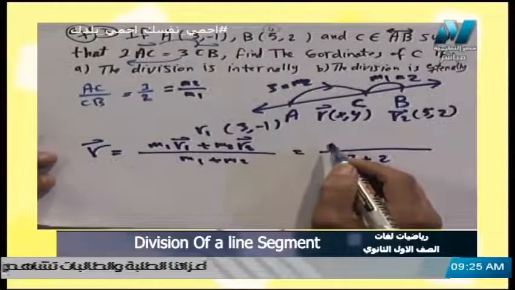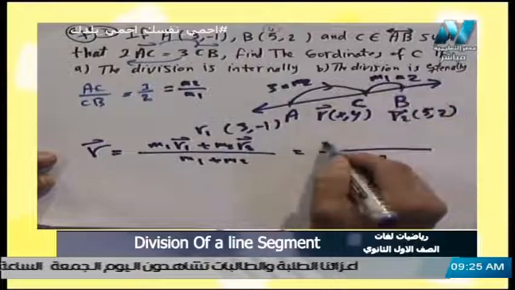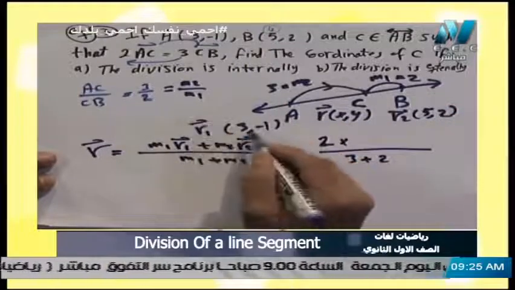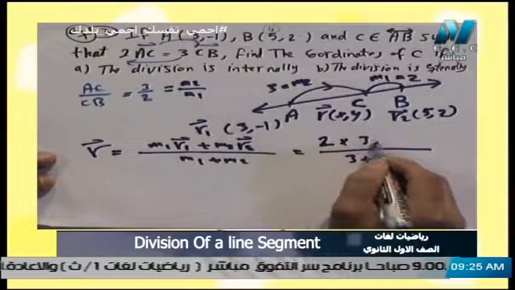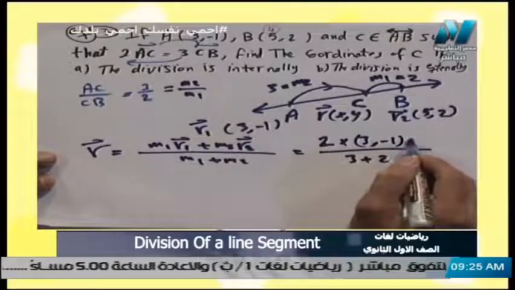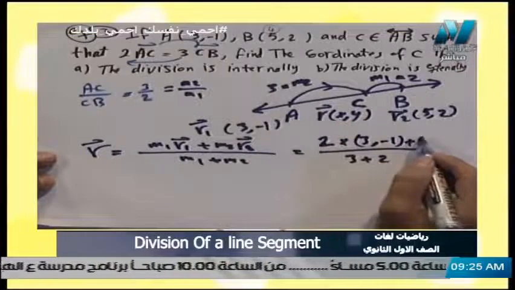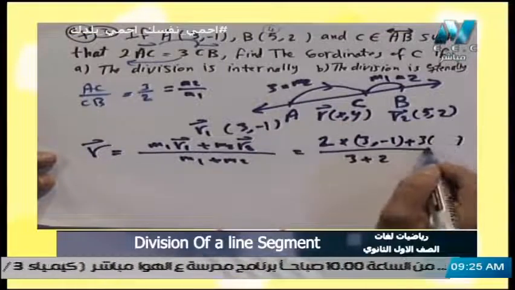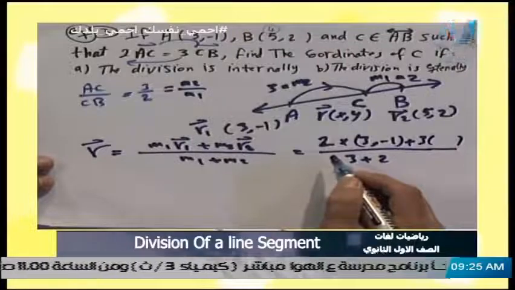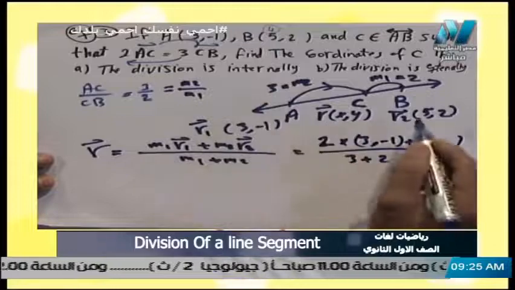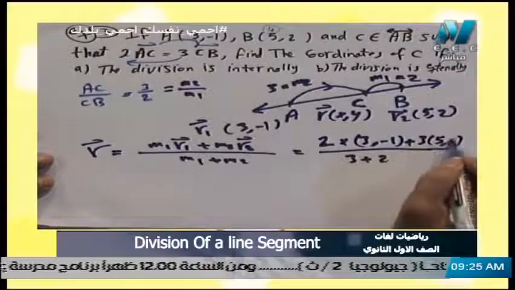M1 here is 2 times R1, which is 3 and negative 1, plus M2, which is 3, multiplied by R2, which is 5 and 2.